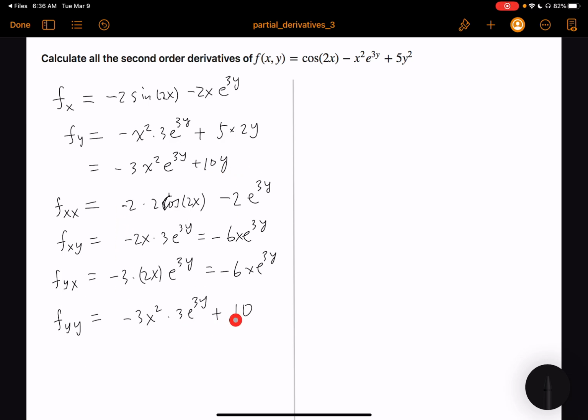So this is equal to negative 9x squared e to the 3y plus 10. So there you have it.